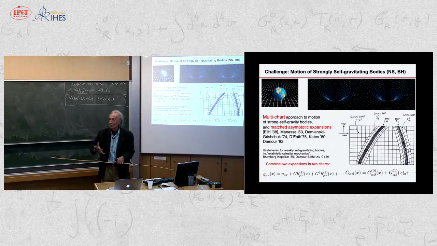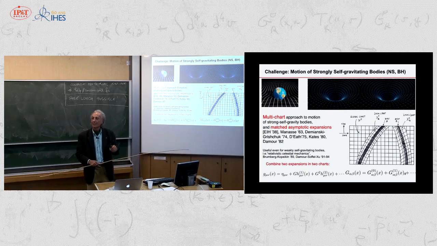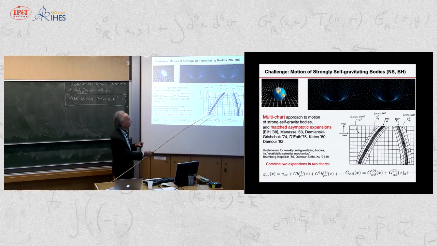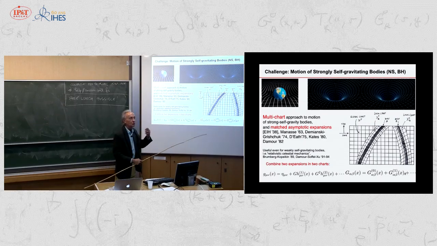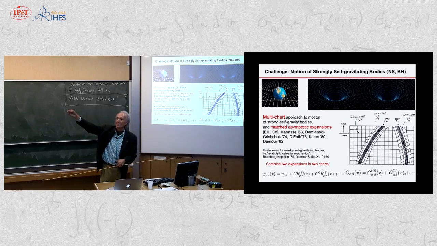I cannot use that perturbation theory, but I can do a new perturbation theory, which is to say near each body, I can say that the metric here is the metric of an isolated neutron star because the companion is far away. So if I take the companion to infinity, I will have the metric of an isolated neutron star. And now I add perturbations, which are perturbations due to the existence of the companion.